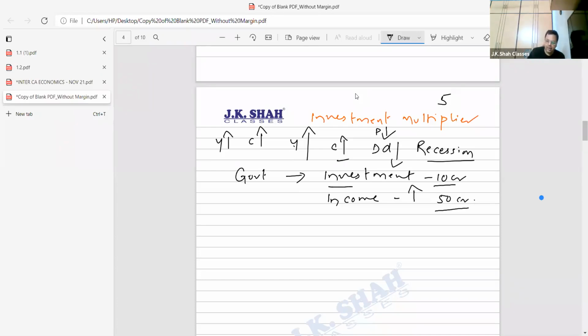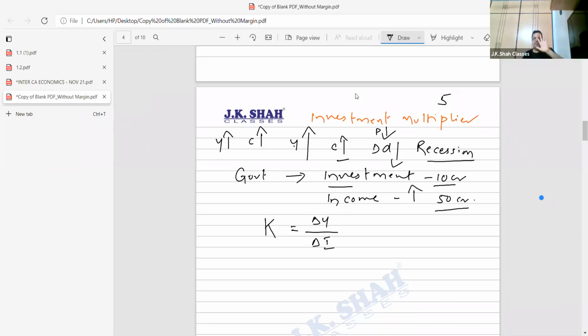Now listen, multiplier we represent by writing the letter K. So the formula of K will be delta Y upon delta I. Pay attention. What is delta Y? Delta Y is change in income and delta I is change in investment. So the government makes an investment of 10 crore, income of the people goes up by 50 crore.